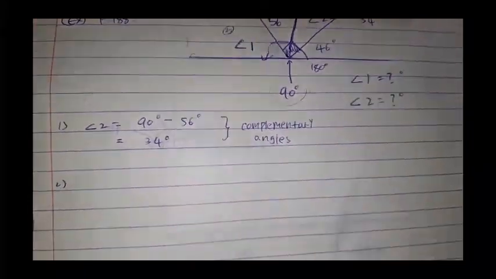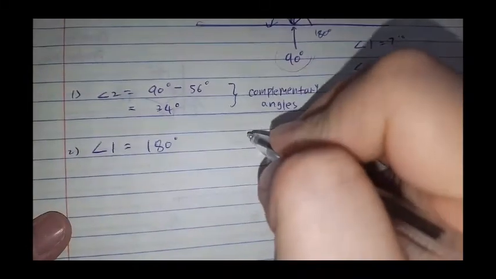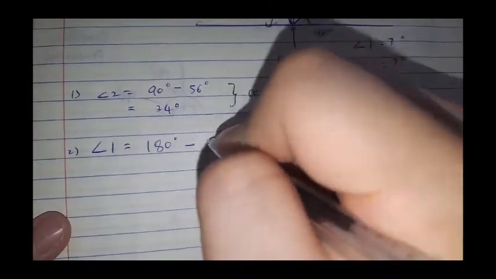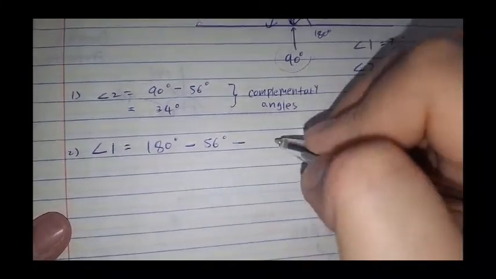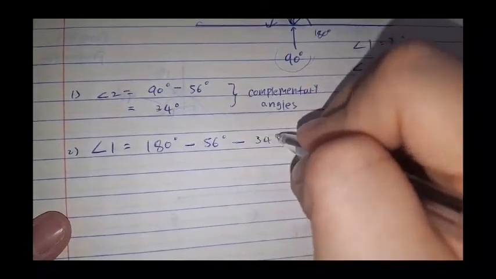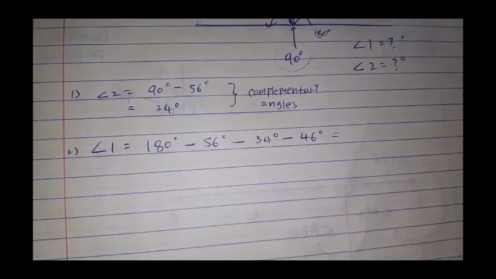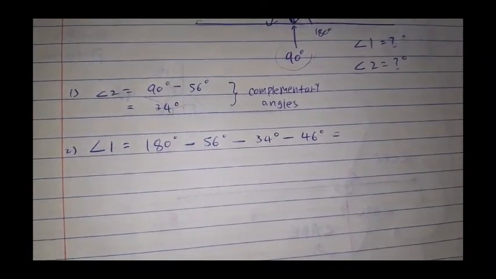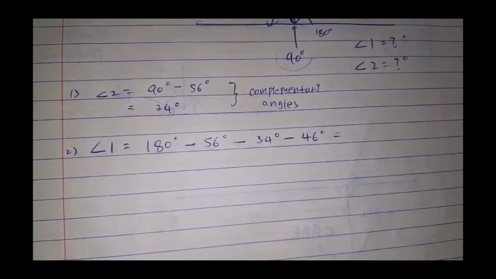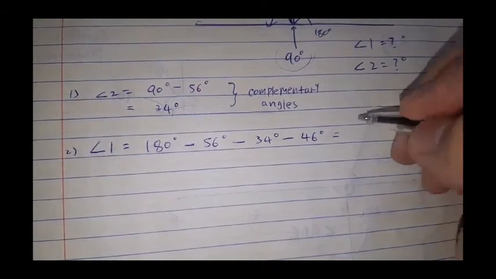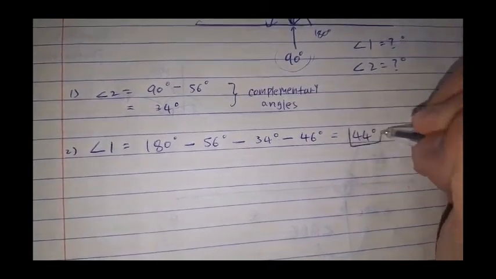So if I want to find angle number 1, I can do the same thing. 180 minus the adjacent angle 56 minus angle number 2 that we found, 34 degrees, will give me angle number 1. So 180 minus 56 minus 34 will provide you 90 degrees... I mean 44 degrees.